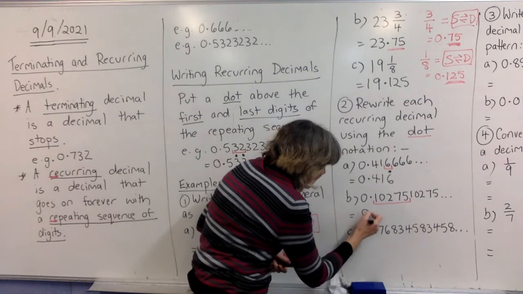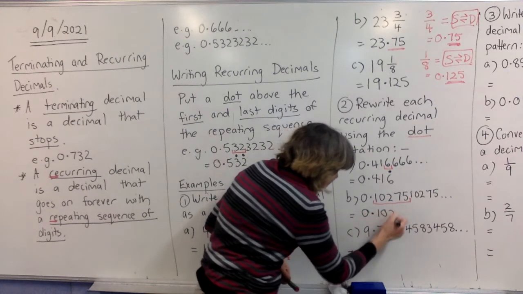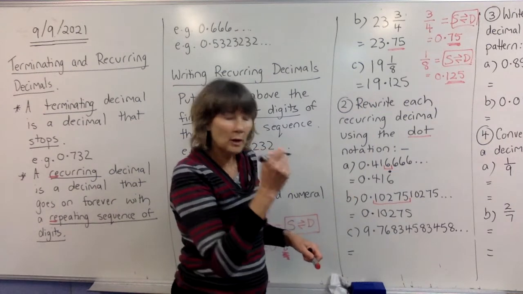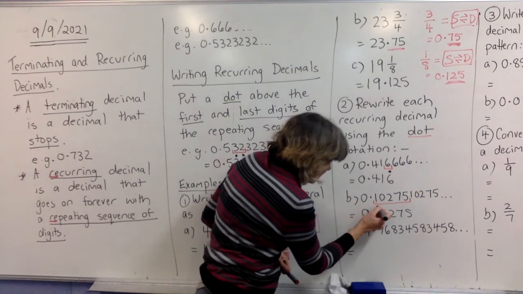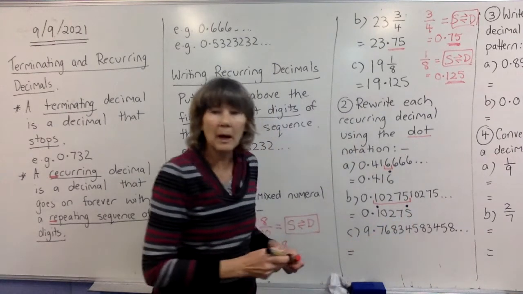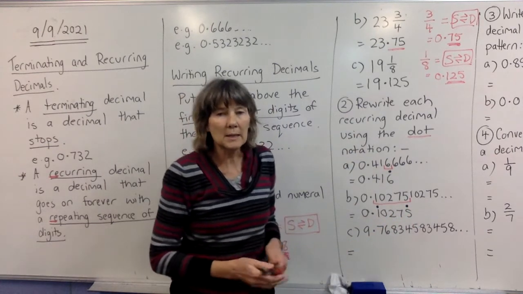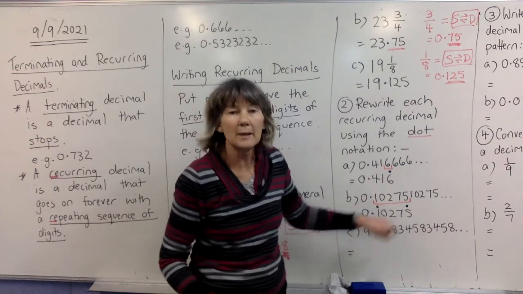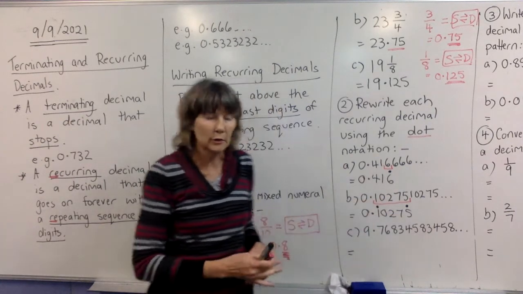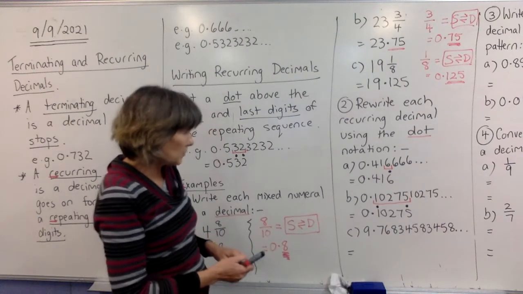So right from the beginning here, we're going to write down all those digits that are repeating, put our dot above the first digit and the last digit of the repeating part. A lot of students in exams decide to put dots above all these numbers. You don't do that. It's only above the first and the last digit only. All right, let's look at the next one.